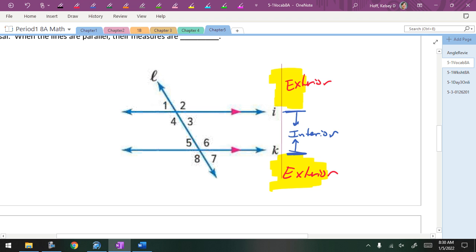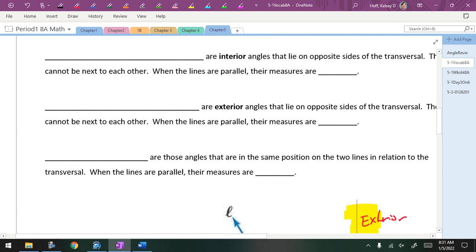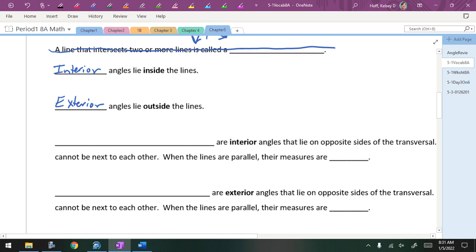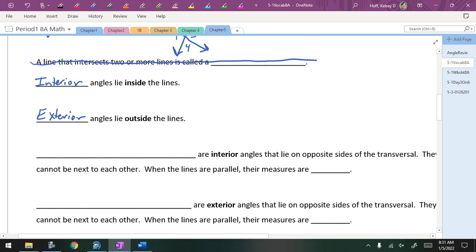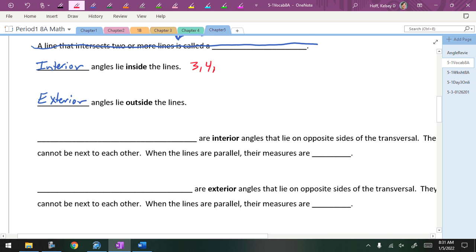Now we have 3 new types of angles. Everybody good if I scroll up for a second here? We're going to come back and forth to this diagram.